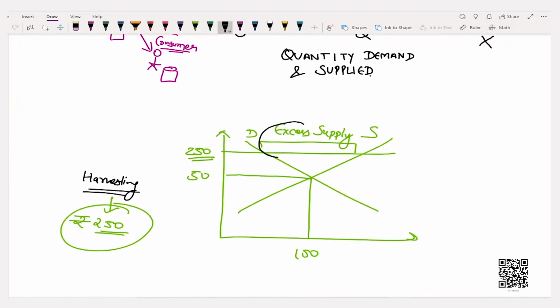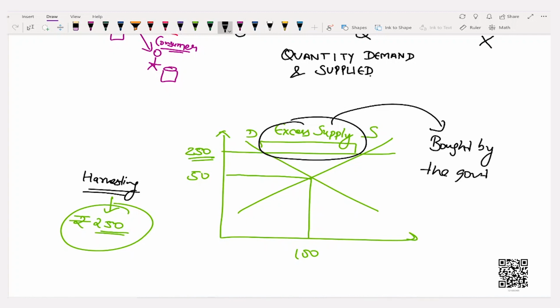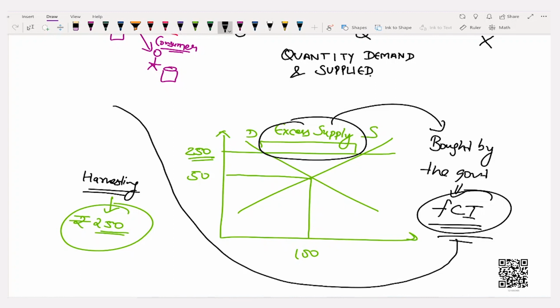This excess supply of the agricultural produce would be directly bought by the government and then stored in the FCI godowns. This will be stored until that commodity is again needed in the market, when its price becomes higher.